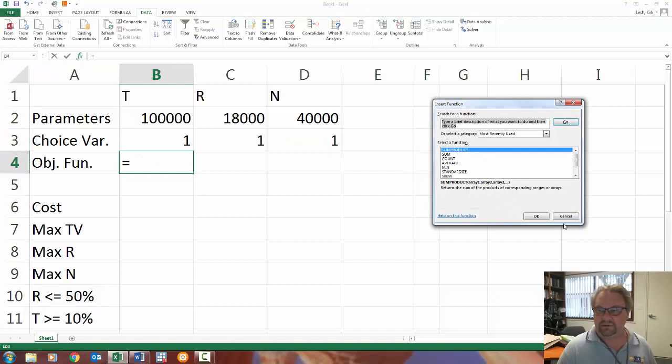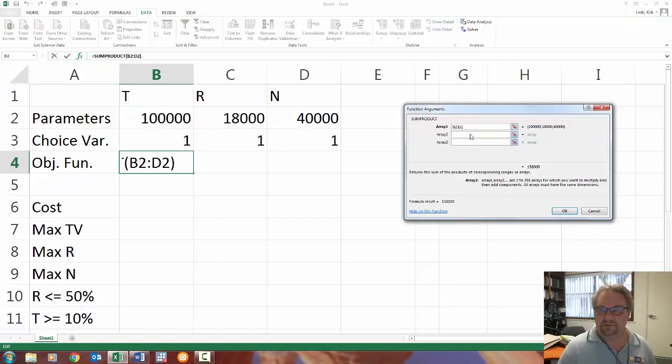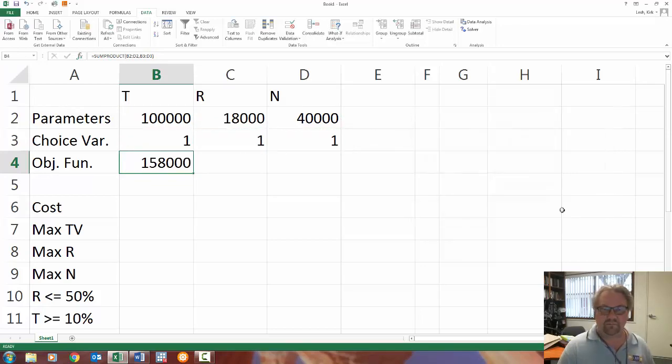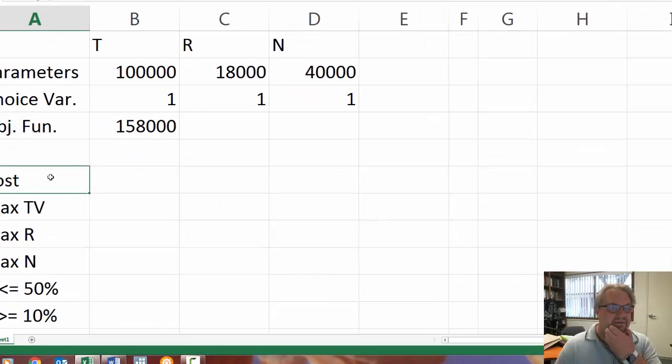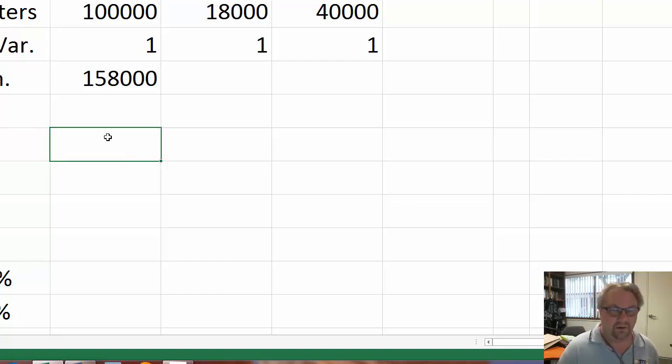So the objective function is just the sum product of the number of advertisements and the audience reached. Then I've got some constraints. They give you the cost per advertisement, and you can only have 10 television commercials, 20 radio, and 10 newspaper.